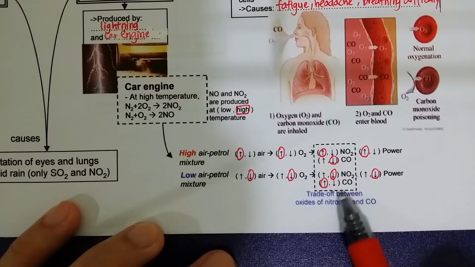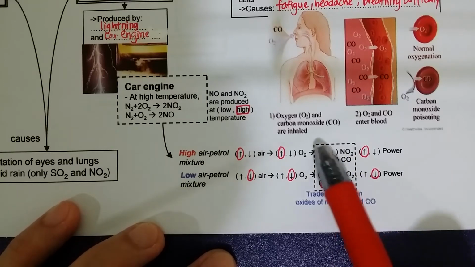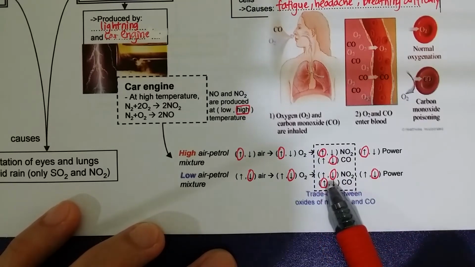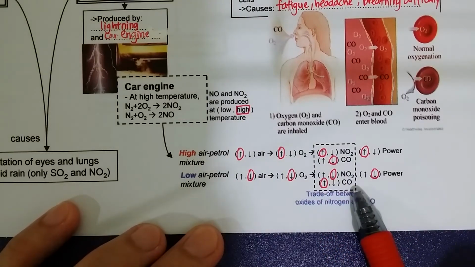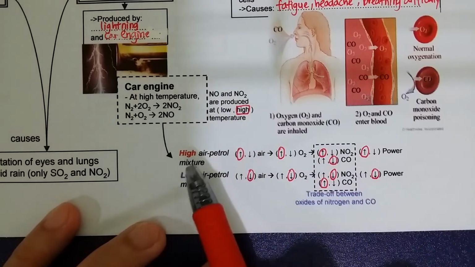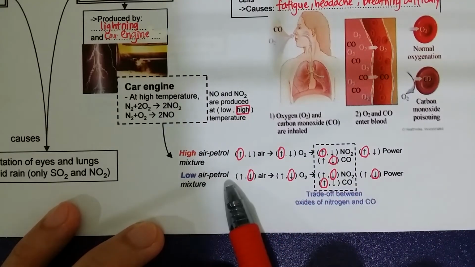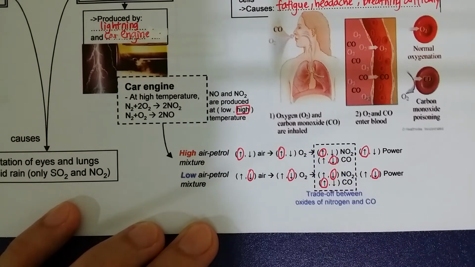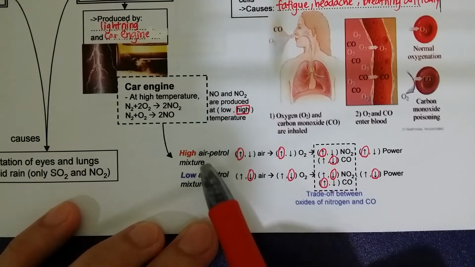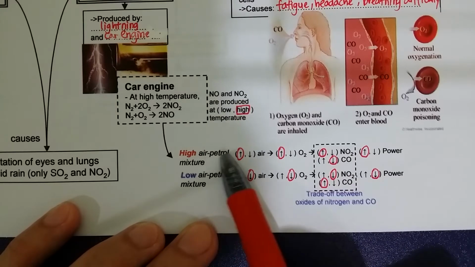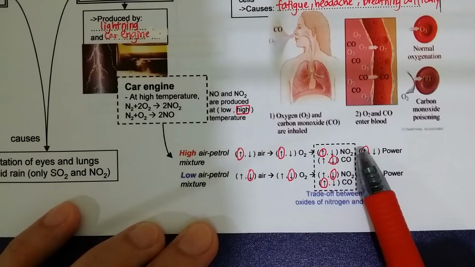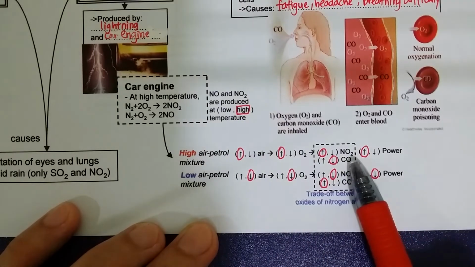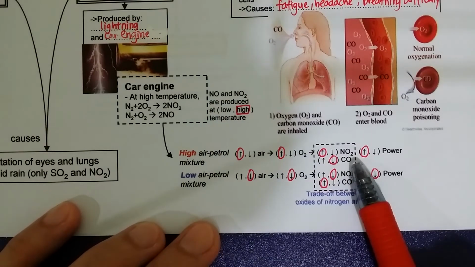Now one thing to take note of is that this is an atmosphere and environment chapter. So regardless of whether it's a high air petrol or low air petrol mixture, a lot of pollutants will be produced. High air petrol mixture, a lot of NO2 will be produced, which is a pollutant, and very little CO, which is also a pollutant.